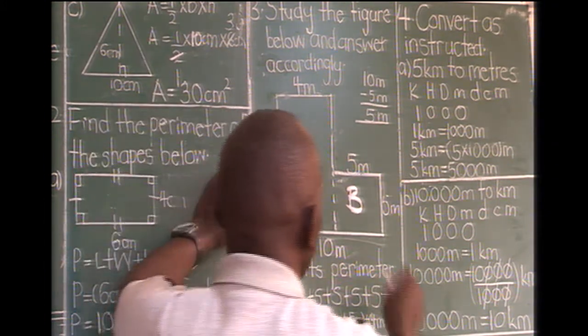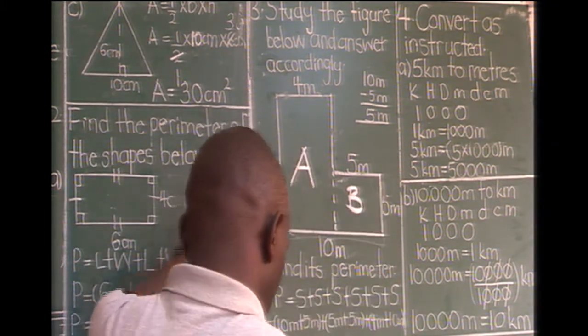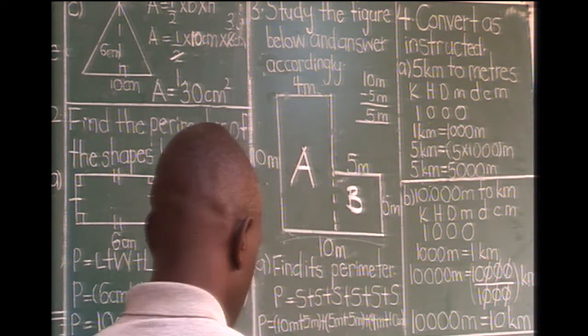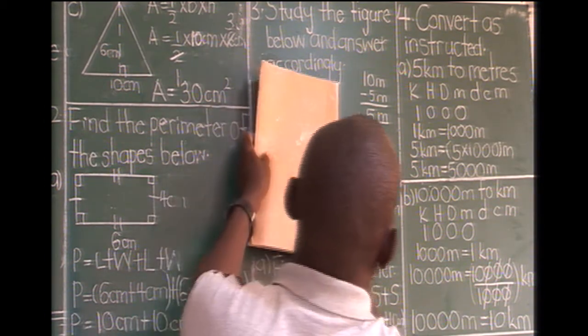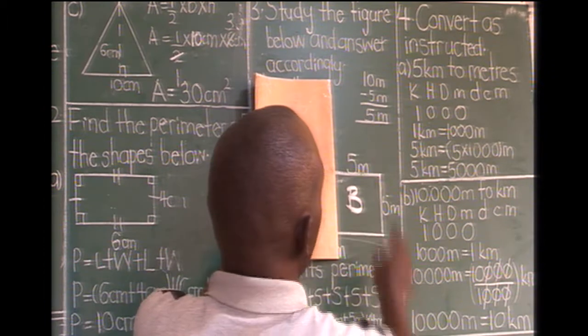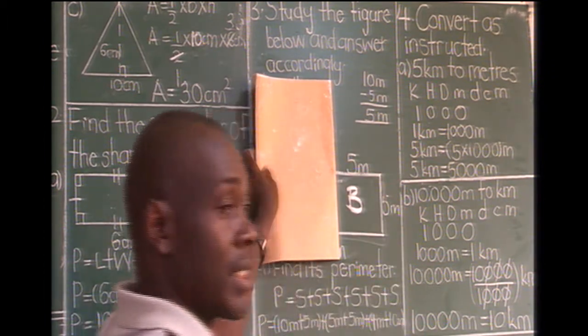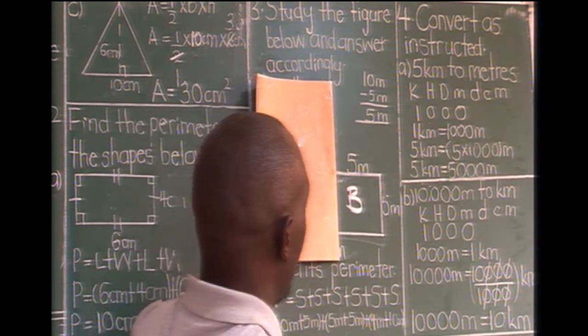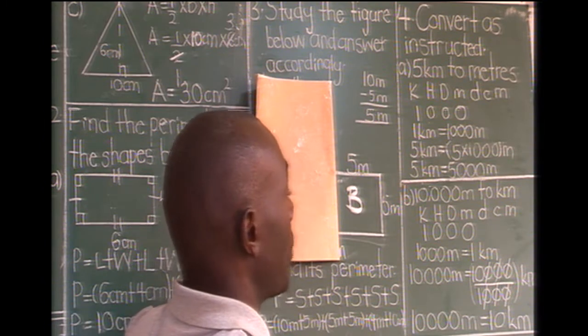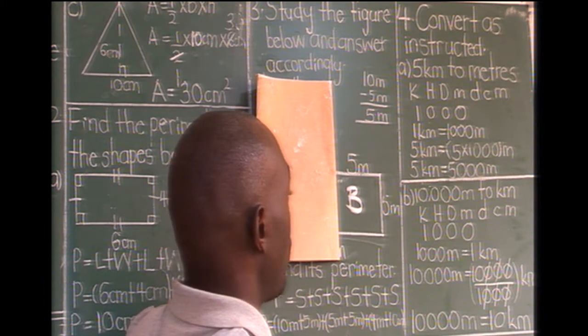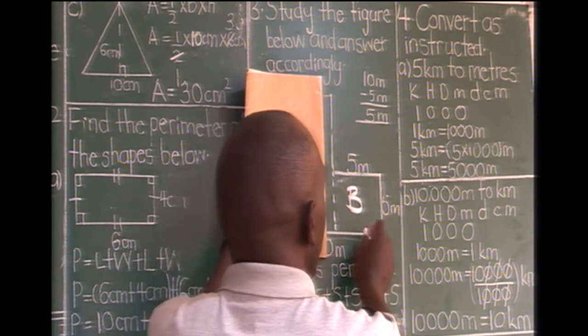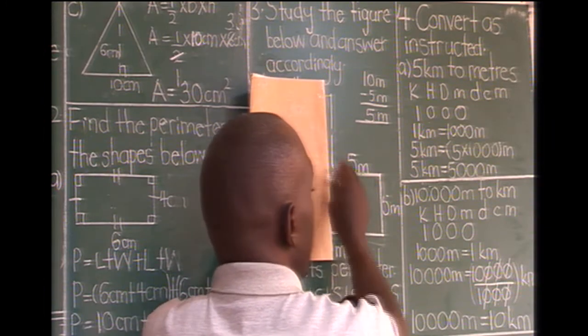And now we've got shape B. If we hide this one so that we don't think about it, you will see 5 meters by 5 meters. So here all sides are equal. That shape with all sides equal is called a square. This one is 5 here, this is also 5, so it's a square.